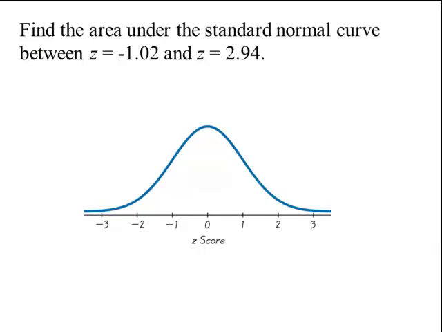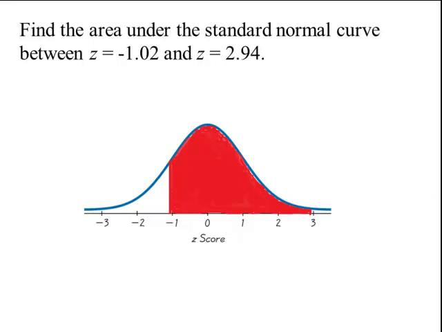Here's our next example. What if we're asked to find the probability in between two z's? In this one we're looking between negative 1.02 and a z value of 2.94. First we draw our picture, and we see that this most likely is going to be larger than 0.5.